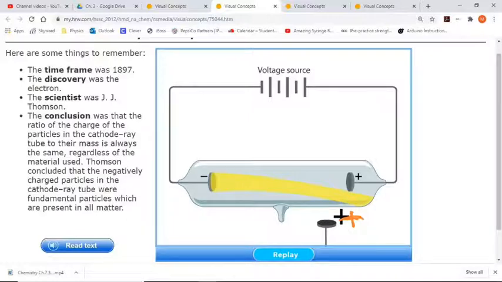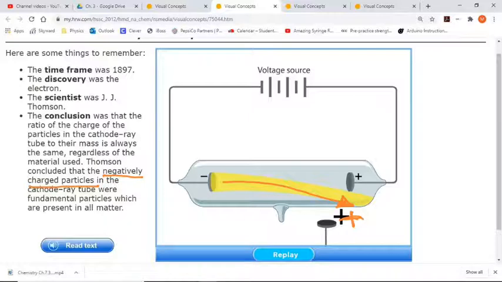It actually attracts the ray towards it, meaning if it is attracting the ray, then the ray must be made up of something of opposite charge. So there's the first conclusion: whatever is in there is negatively charged particles that make up that cathode ray. So that is the first conclusion.